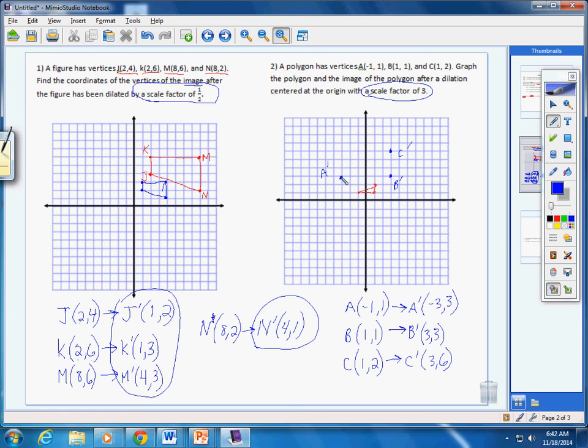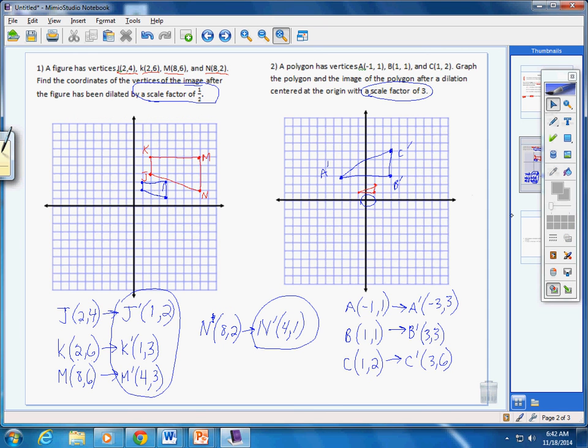Obviously, A prime, B prime, C prime is much larger, as it should be, since we're multiplying everything by 3. And if you notice, we did enlarge it with respect to our origin. So once again, we enlarged it, and it's going to be further away from the origin. Remember, if you're shrinking, you're going to get closer to the origin.